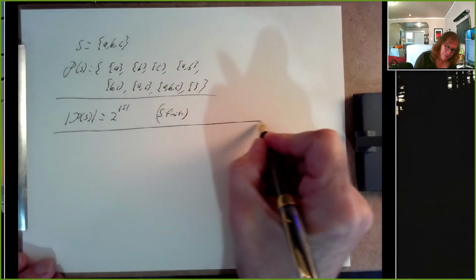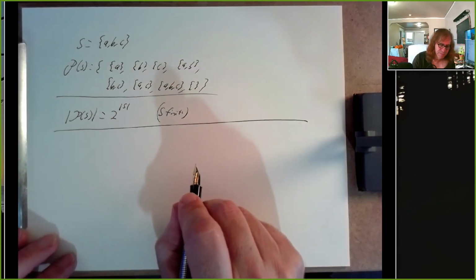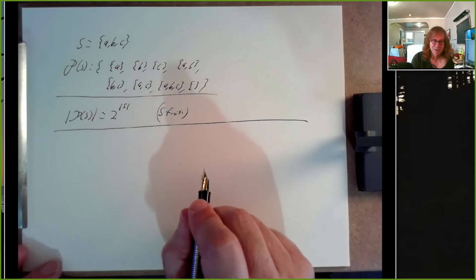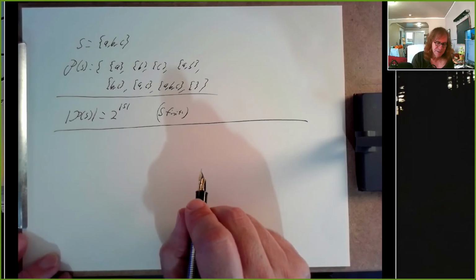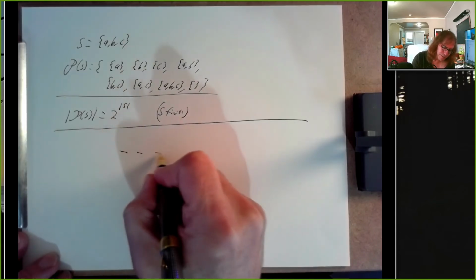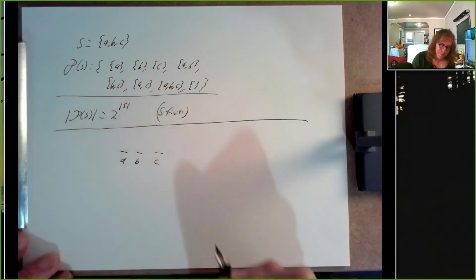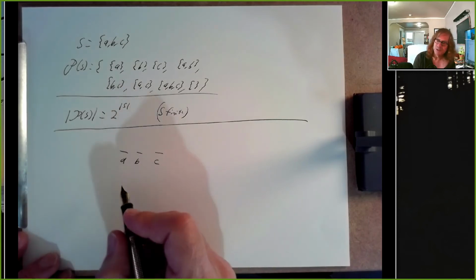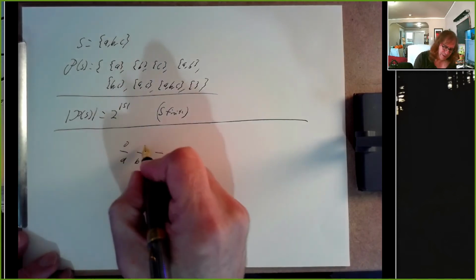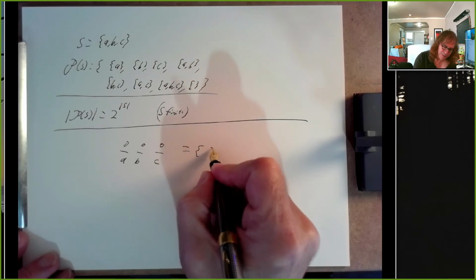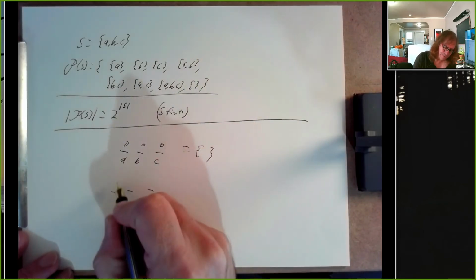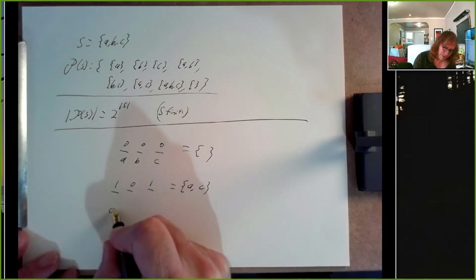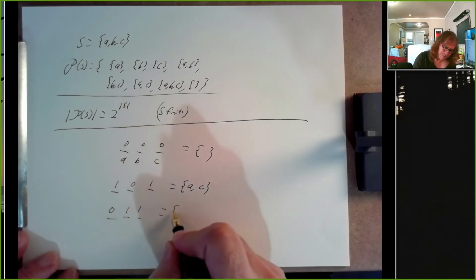And when we talked about representing sets in binary, we had this idea that if we ordered the elements of the set, which we don't do in a pure set, but if we assigned an ordering on top of the set, we could write a binary number where each bit corresponded to a 1 or a 0 to indicate whether the corresponding element was in the set. So this would correspond to the empty set. 1, 0, 1 would correspond to the set AC. 0, 1, 1 would correspond to the set BC.